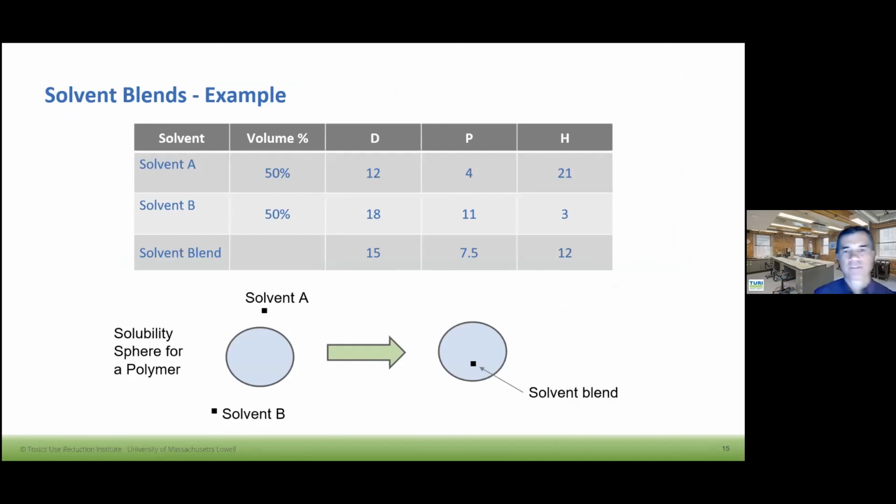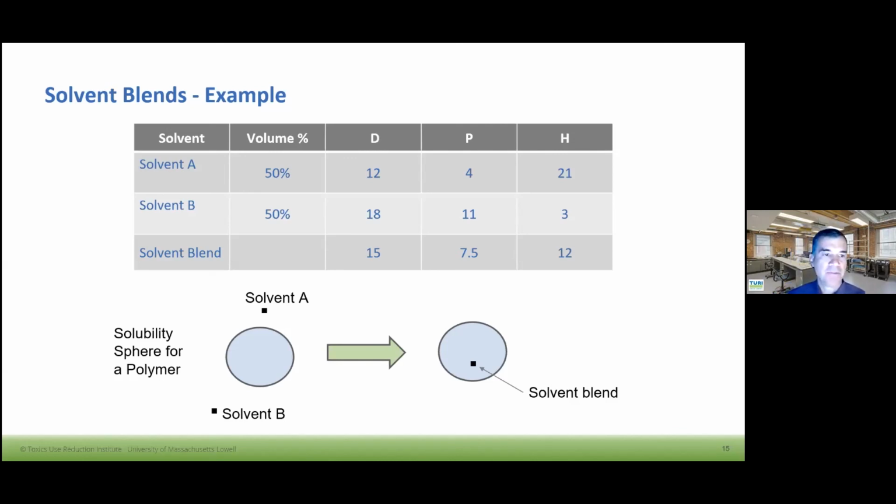So here is the real, immense value of using this theory. If you have a sphere of solubility and you're trying to replace a toxic solvent that's used to dissolve that, look at solvent A and solvent B. They are both outside of that sphere of solubility. Your first thought would be that they're both not good candidates for this application; they'll never dissolve that polymer.